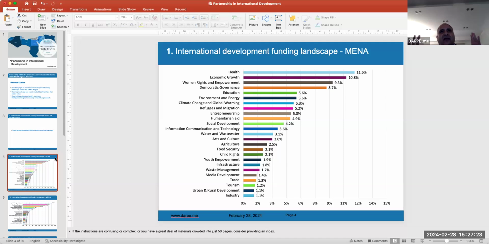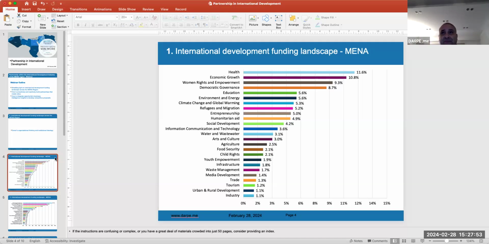If you compare the numbers, for instance, here, health gets 11.6% of donors' funded projects and assignments across the MENA region. It's the main sector where donor agencies are focusing, followed by economic growth at 10.8%.